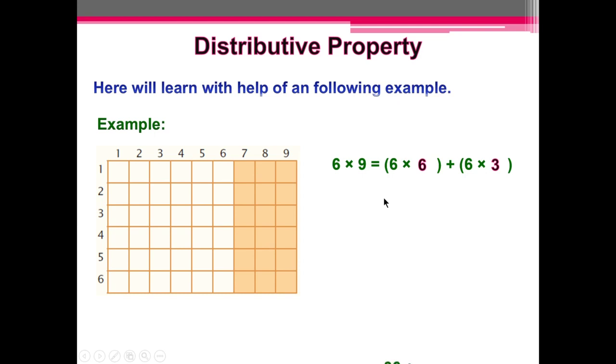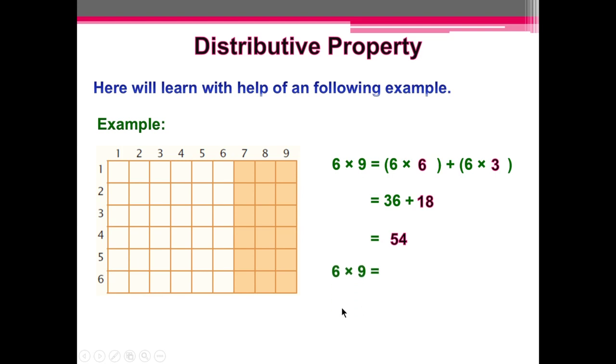So, 6 multiplied by 6 is equal to 36, plus 6 multiplied by 3 is equal to, can you tell me? Yes, 18. Now, 36 plus 18 is equal to? Can you tell me? Yes, 54.